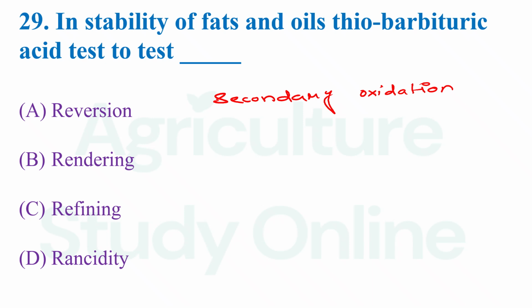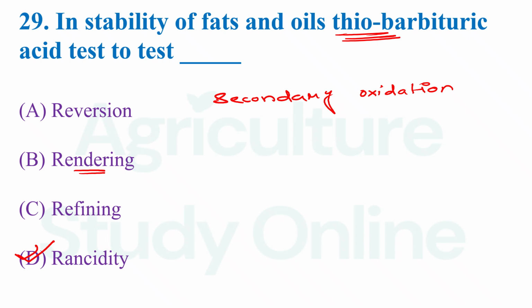So, correct option should be rancidity, because it occurs when fats react with oxygen, it leads to off flavors, odors, spoilage, and reversion. Reversion is the early stage of flavor defect, and we can say it is for the primary stage, and this thiobarbituric acid test is for secondary oxidation.